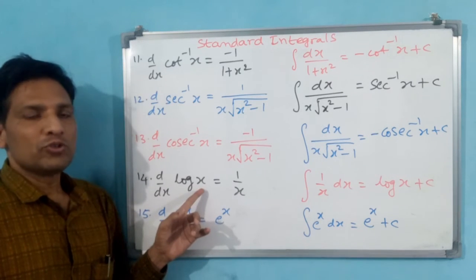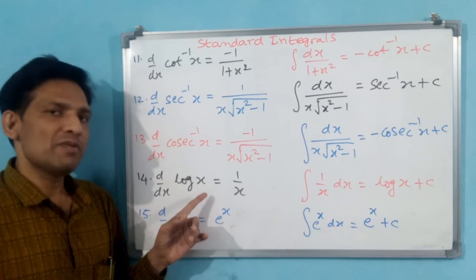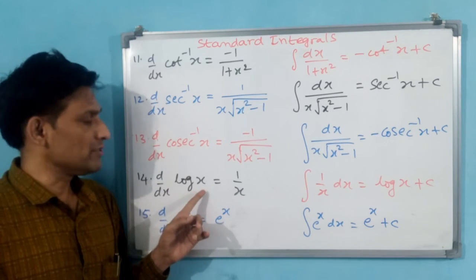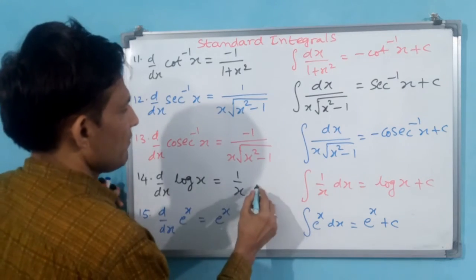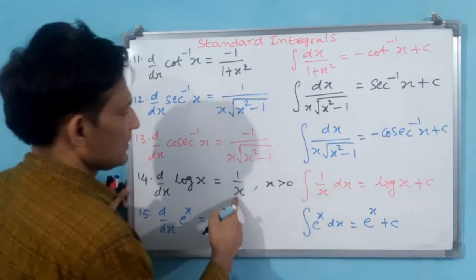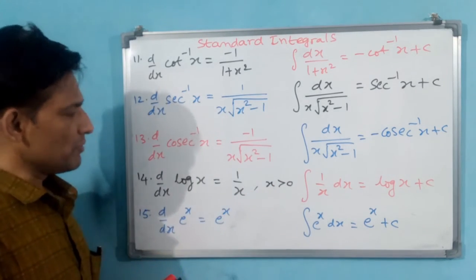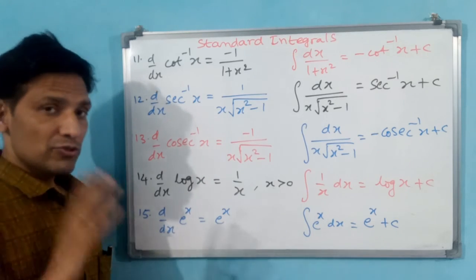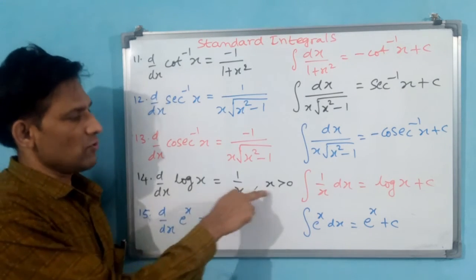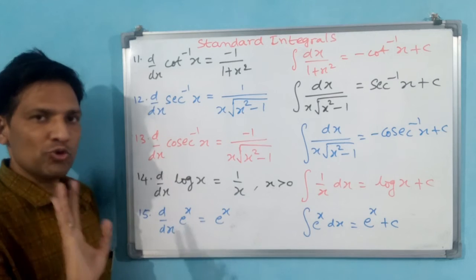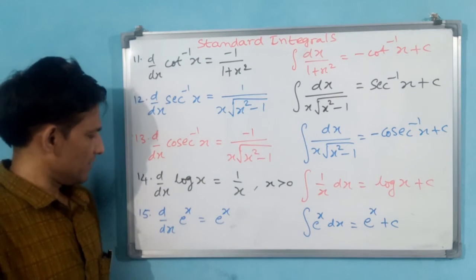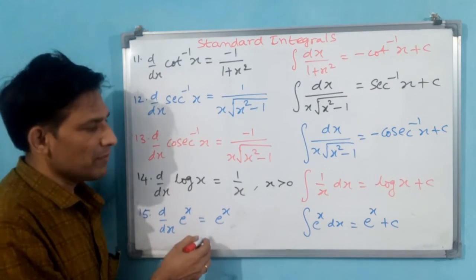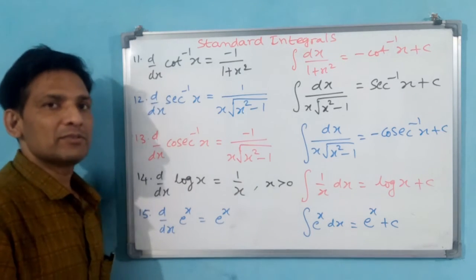In log x, less than 0 anyway we don't give, 0 also we should not give. x is always greater than 0, then only it is going to become valid, or else it is going to become undefined. x is greater than 0, that's all. Here d by dx e power x is equal to e power x, and integral e power x is equal to e power x.